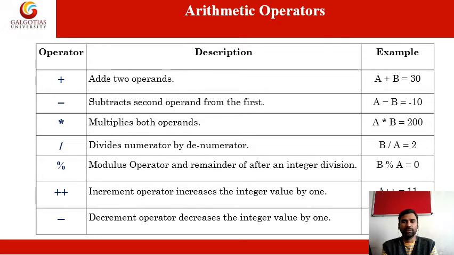So we get the remainder of the integer division. If it is divisible, the answer will be 0. If not divisible, it may be 1, 2, 3, like this, something other than 0.